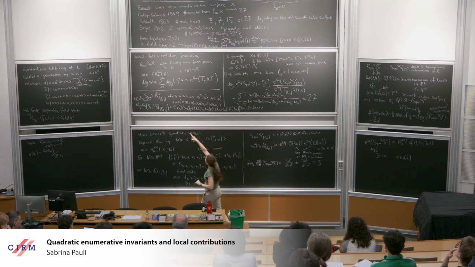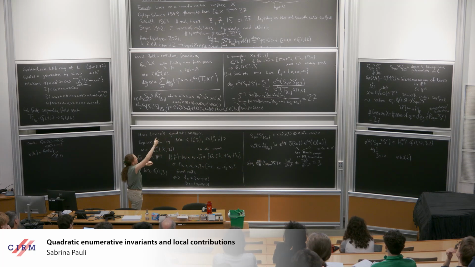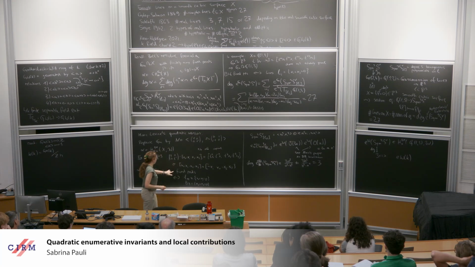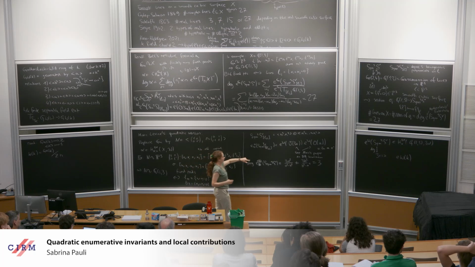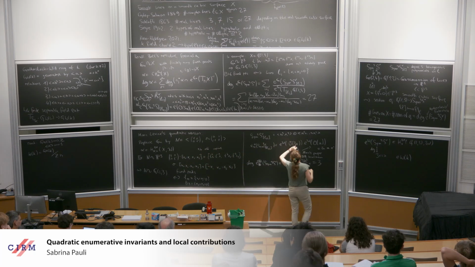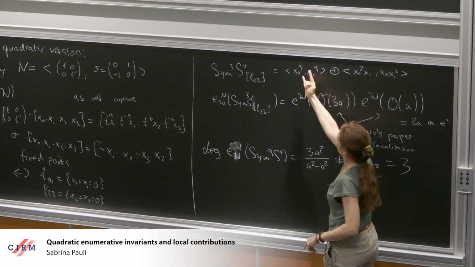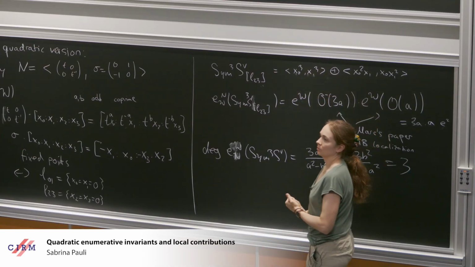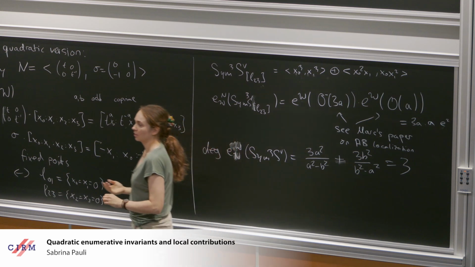Oh, so for the Gm action, Gm just sent x0 to t to the something times x0. It left it invariant. But now the N action swaps x0 and x1. So in order to find the invariant subspaces of this vector space, like these are swapped, so I can't separate them. So I get two invariant subspaces.